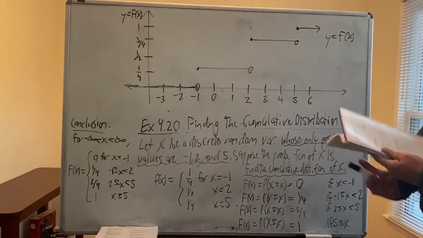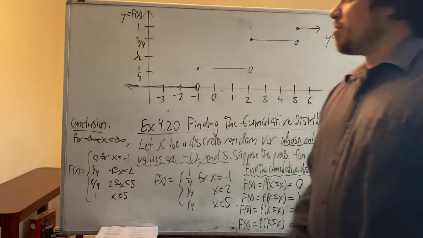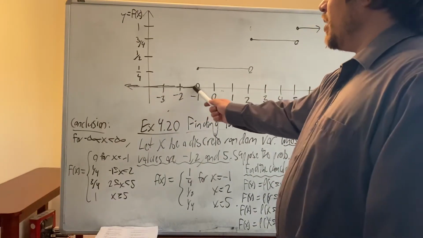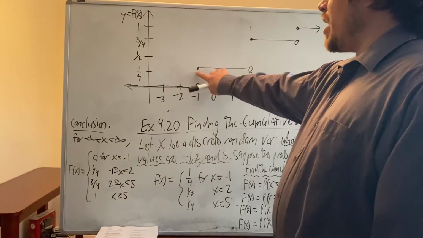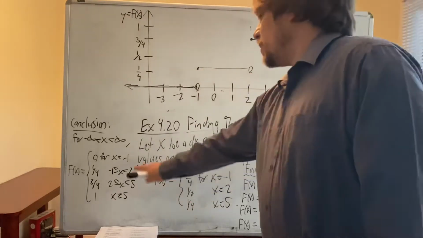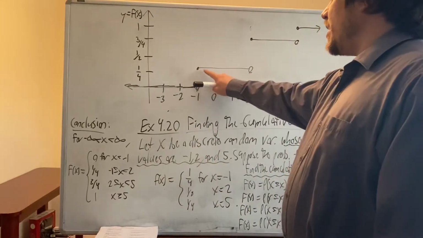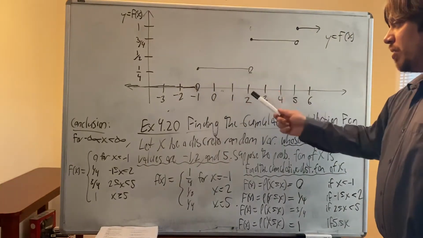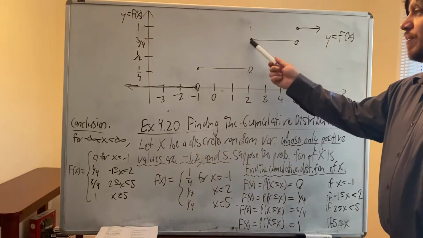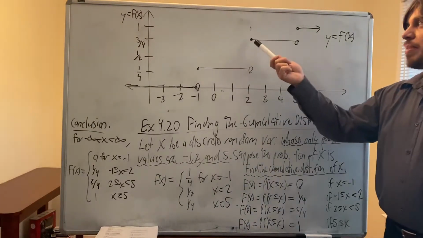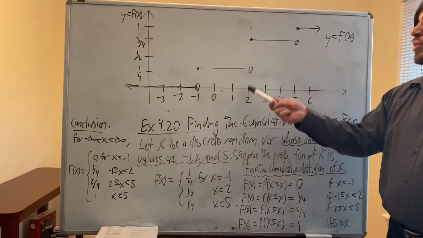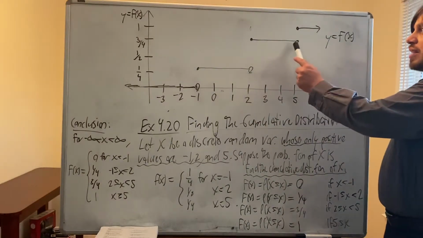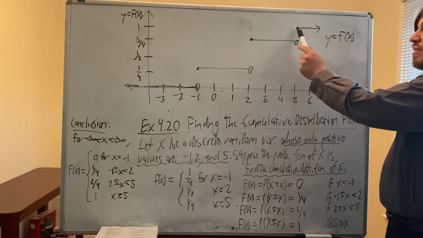This is illustrating that the probability that capital X is at most these values is 0. But when you reach -1, the probability that capital X is at most -1 is 1/4. As you continue, the probability that capital X is at most these values is still 1/4. Then when you get to 2, it jumps to 3/4, so the probability that capital X is at most 2 is 3/4. It stays 3/4, and the probability that X is at most 5 is 1.